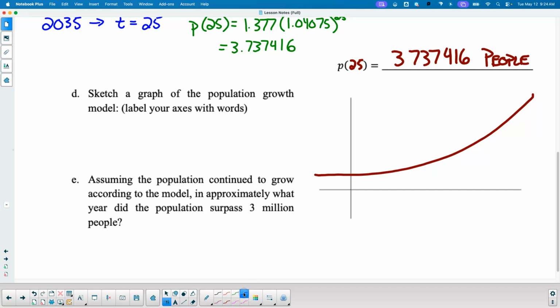Okay, and then we can fill in some points here. This would be the year 0, 1.377. Then we'd have the year 10, 2.053. And then we have the year 25, 3.737.